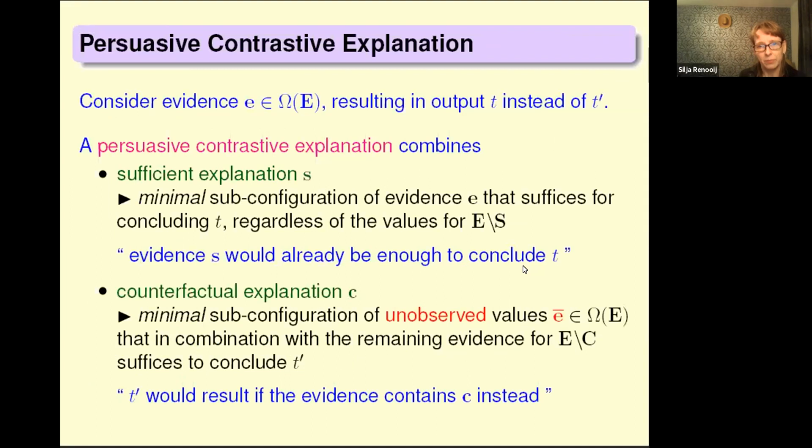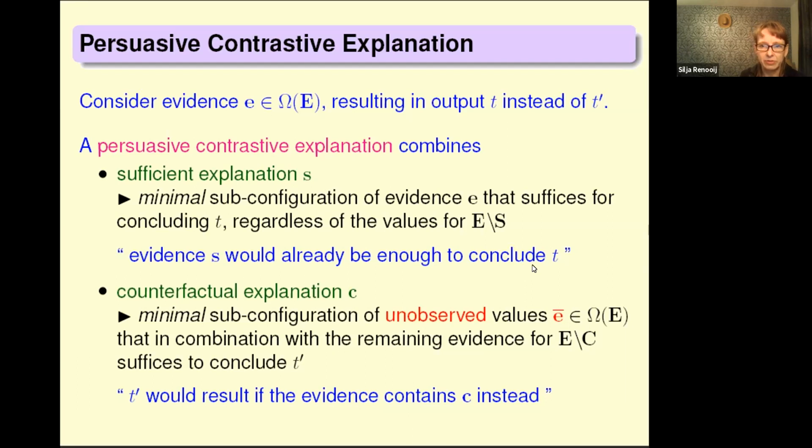We call this combination a persuasive contrastive explanation. On the one hand, it should persuade the user that what we find is the correct output. And we do that by giving a sufficient explanation, which we define as the minimal subconfiguration of the evidence, the observations that we actually have, that would already suffice to conclude the current output, regardless of the other values for the observed variables.